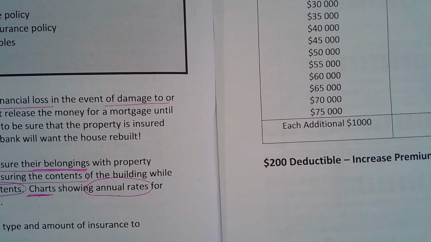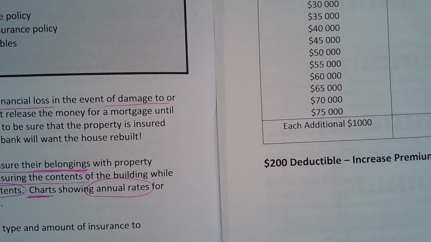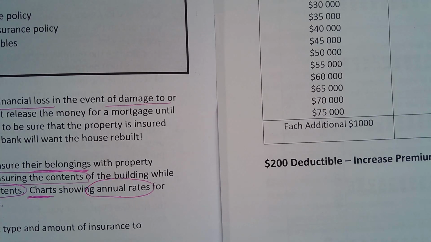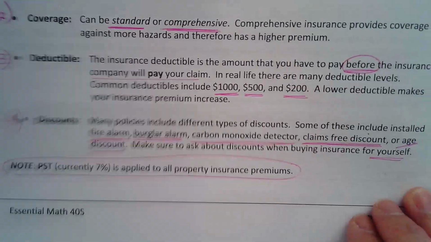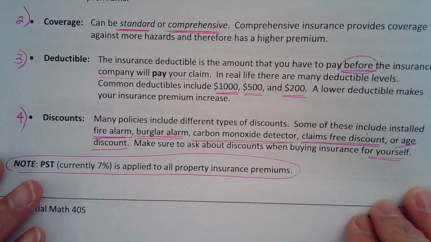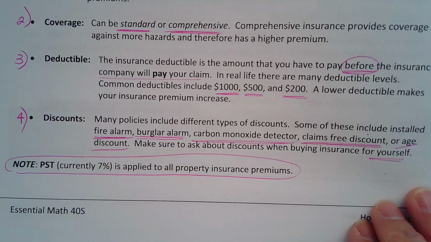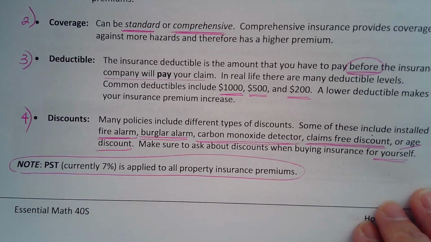No, the age of the house will get factored with the amount of coverage, too. But this one is age discount. It's the age of the person who is buying the insurance. Okay.